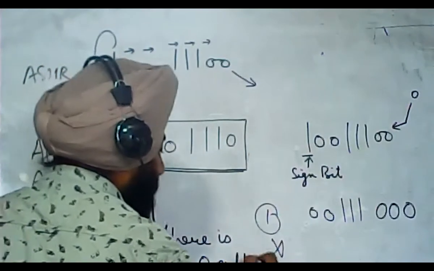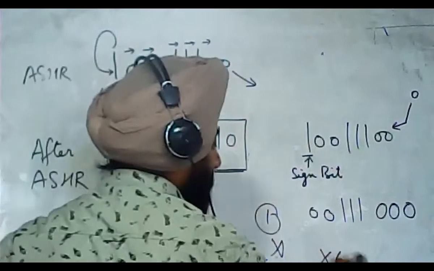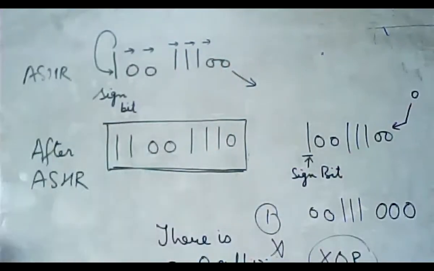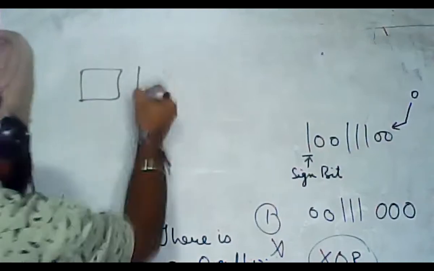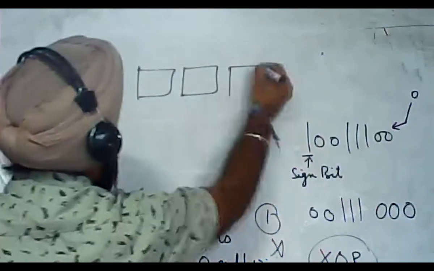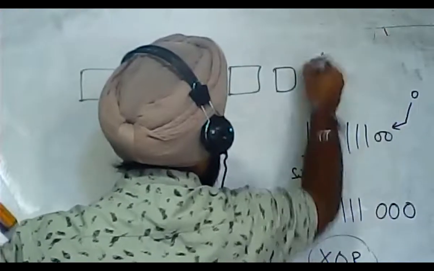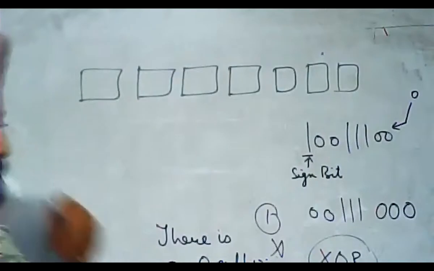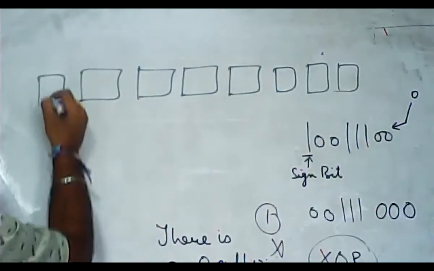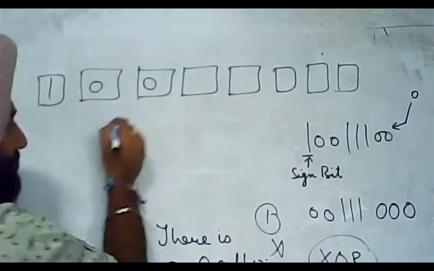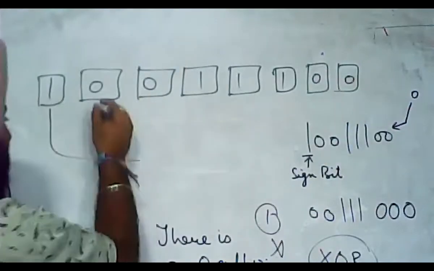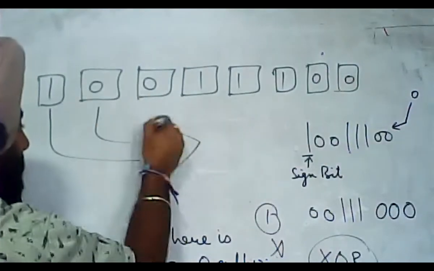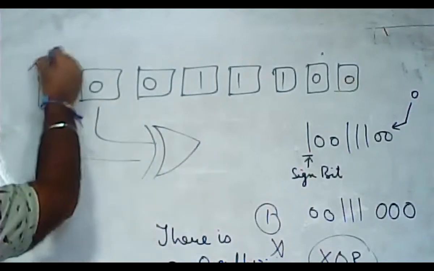How do we check the concept of overflow? With the help of an XOR gate, right? If you remember the concept, this is your register which is of 8 bits. This is the original value, that is 1 0 0 1 1 1 0 0. So we are attaching the XOR gate to the last 2 bits, the sign bit and the next one.